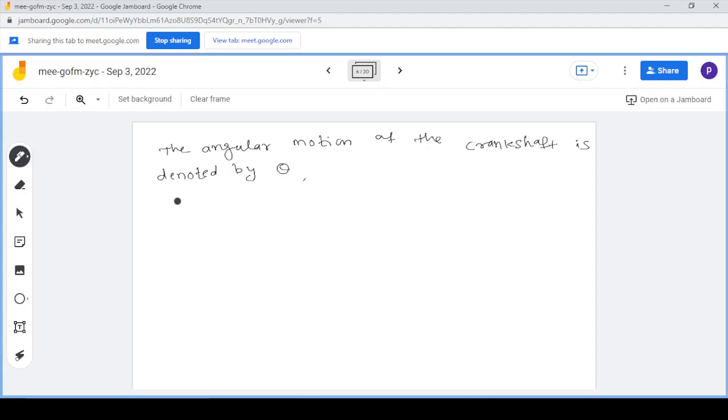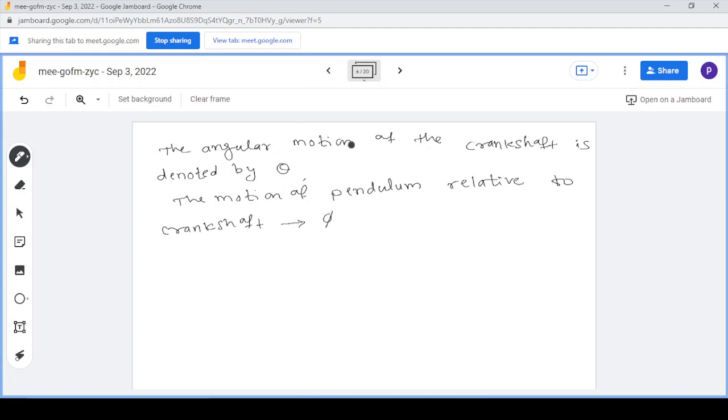And let us call the motion of the pendulum relative to the crankshaft, it is indicated by phi. Okay, look at the figure.